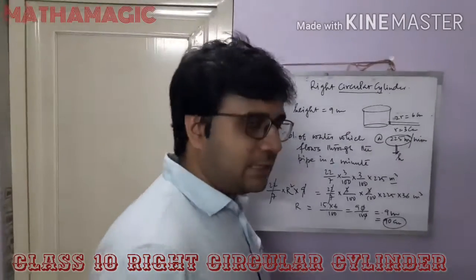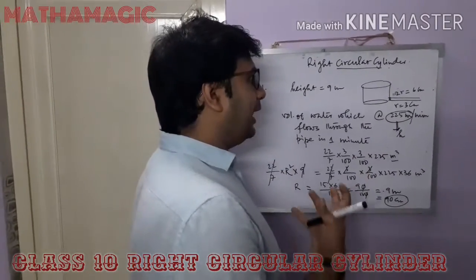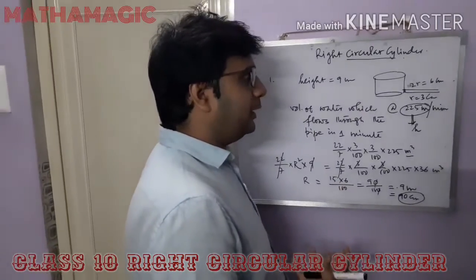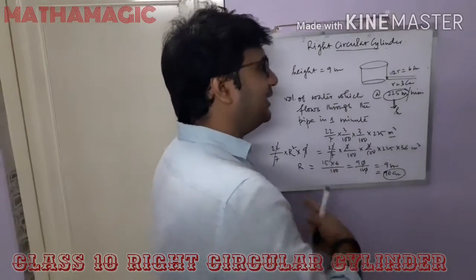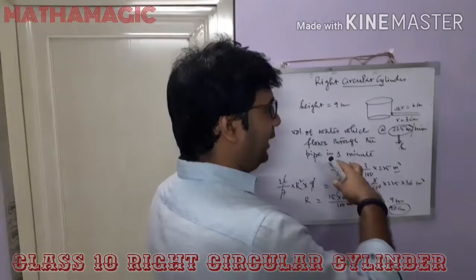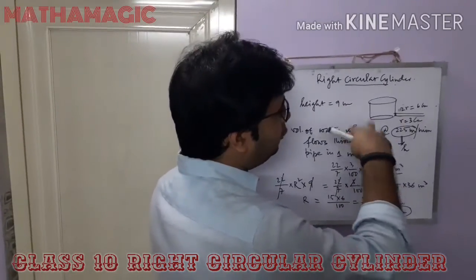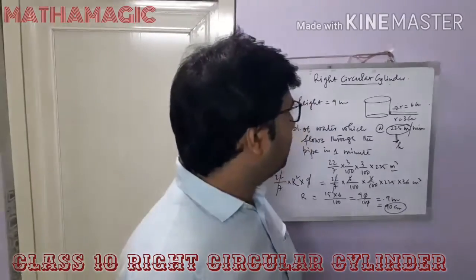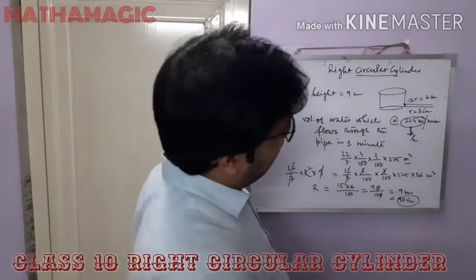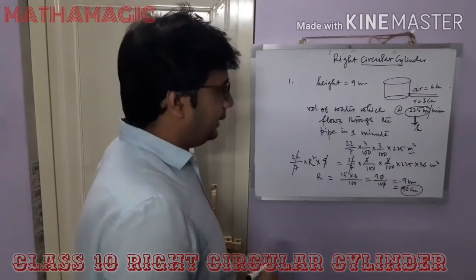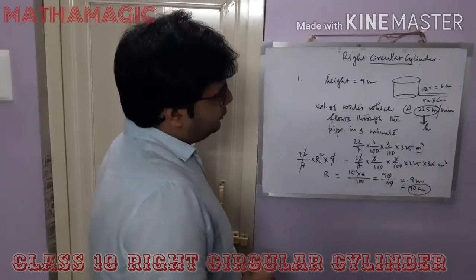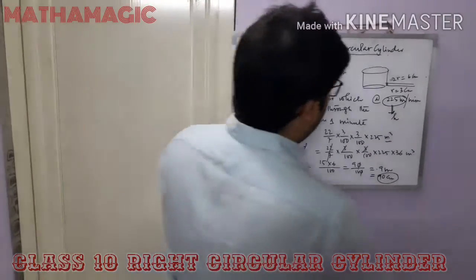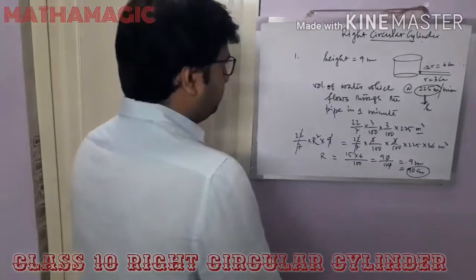So what is the logic? We have to find the volume of water which has flown through the pipe in 36 minutes, then equate that volume with the volume of the tank. So we can easily find the radius of the cylindrical tank. Please note it down so that we can move to the next problem.